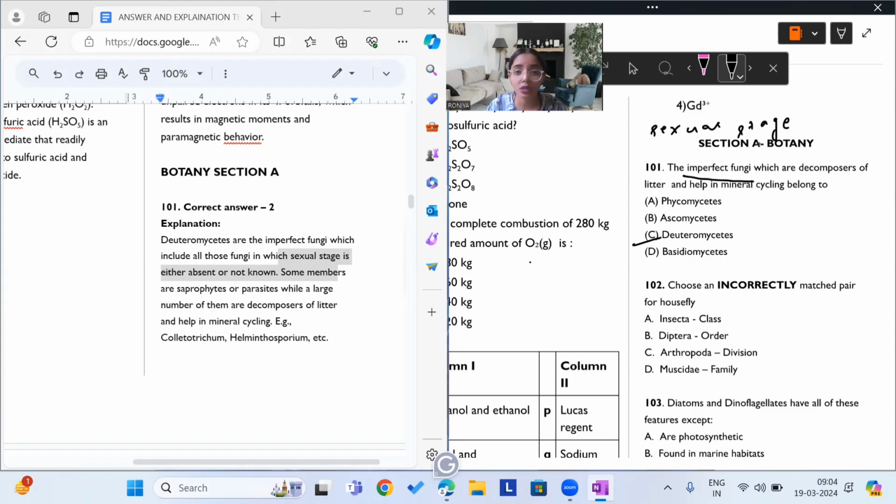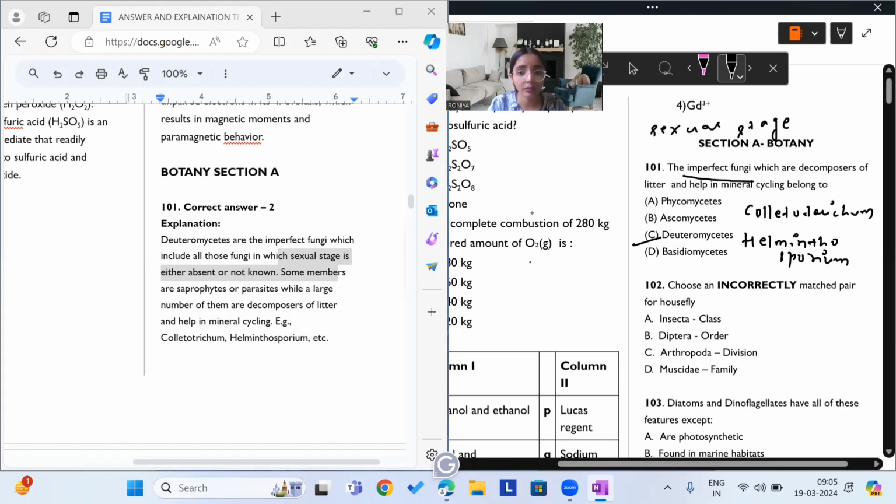Example for Deuteromycetes is Colletotrichum and Helminthosporium. Okay, I hope it was clear to all of you.